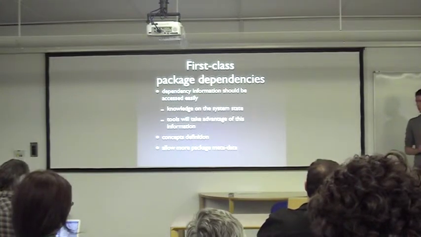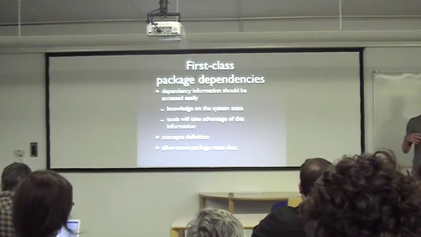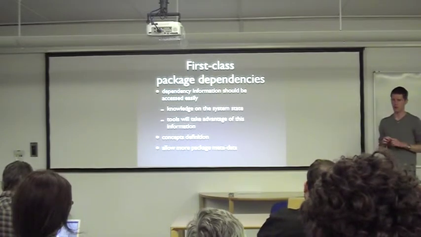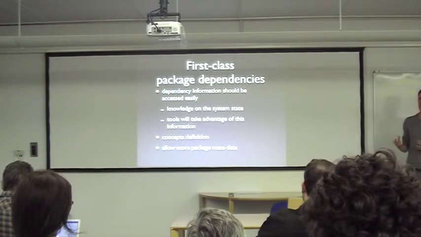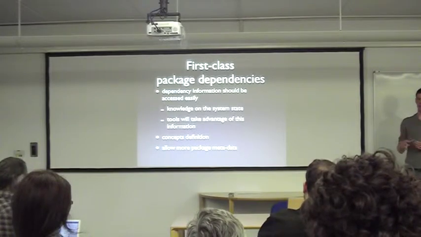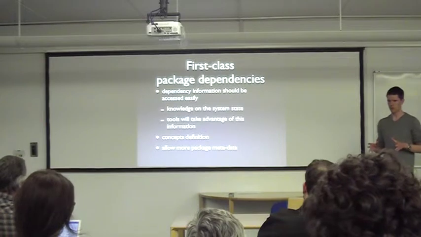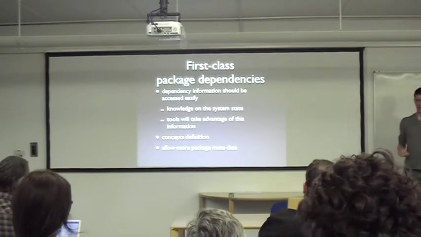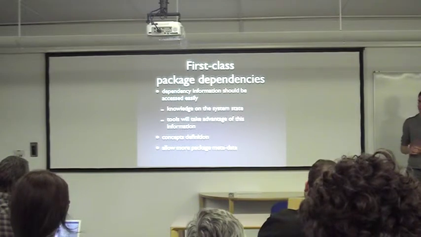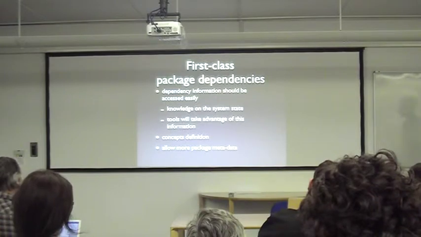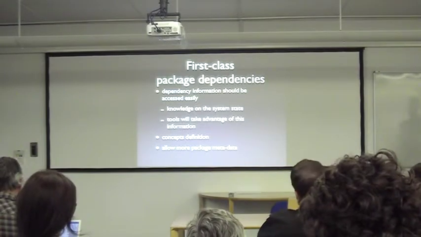It also allows us to define dependency concepts. At this time, they are hard-coded in the package manager layer, and sometimes not expressed as objects. So it's time to define a clear dependency model. It will also allow us to add more metadata on packages.